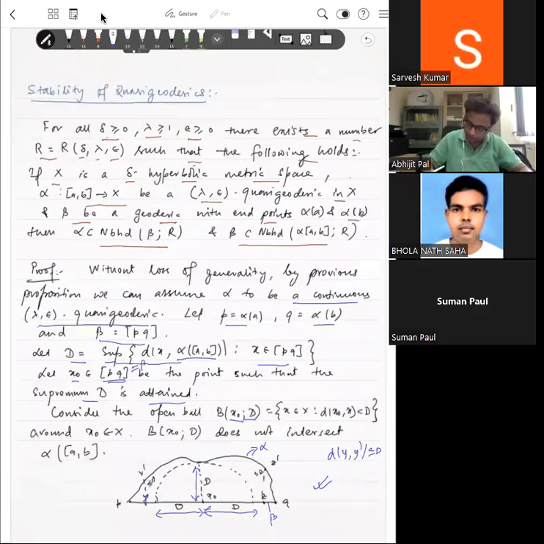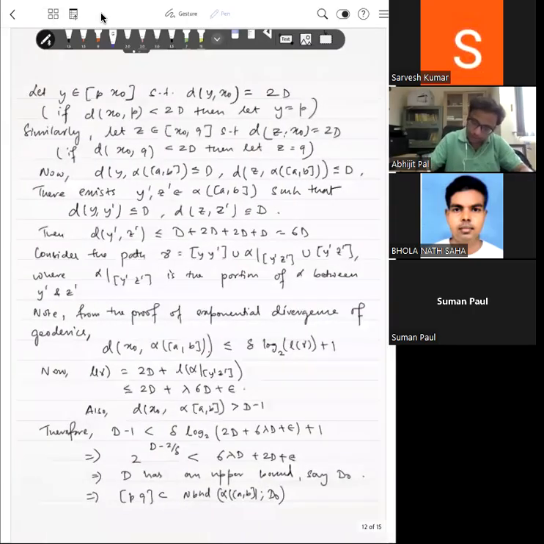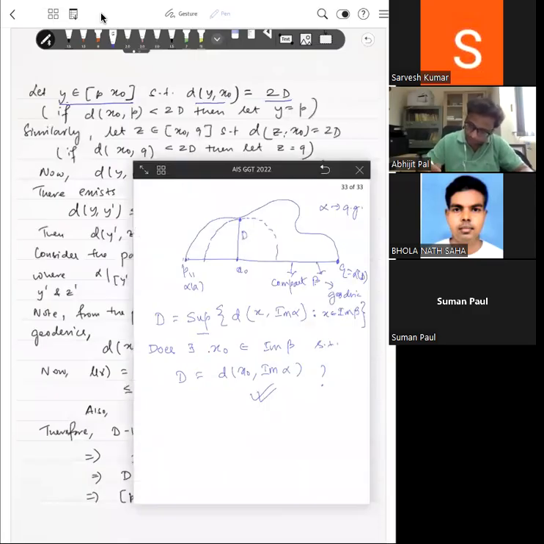So I have taken Y on this geodesic from P to x naught such that the distance of Y to x naught is equal to D. What I have done here is this: this is my geodesic, and this is the ball of radius D. I have taken some point Y here such that the distance of this to x naught is twice D. If you do not get this point, what does it mean?